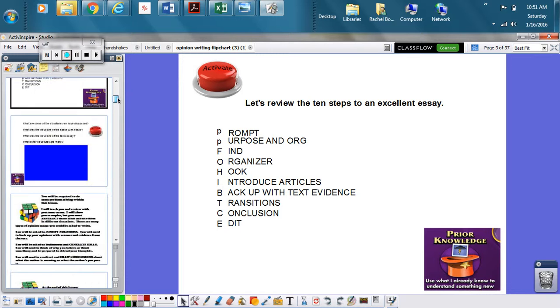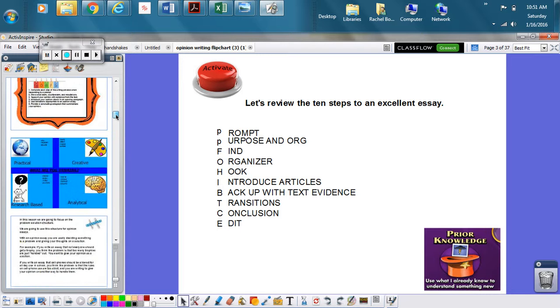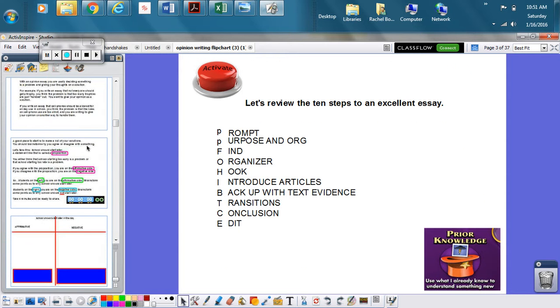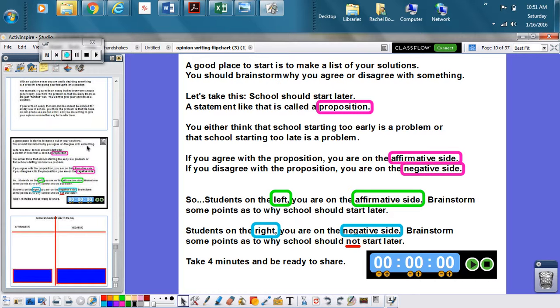The next thing that we learned was that not everyone agrees with a statement. Sometimes we'll have a statement like school should start later, and we have termed that the proposition. And when someone makes a proposition, people can be in agreement or disagreement.